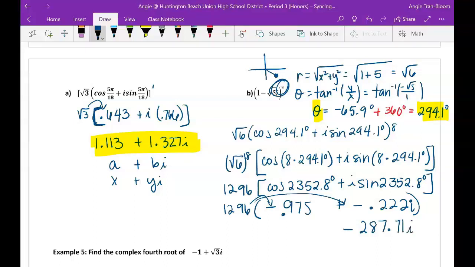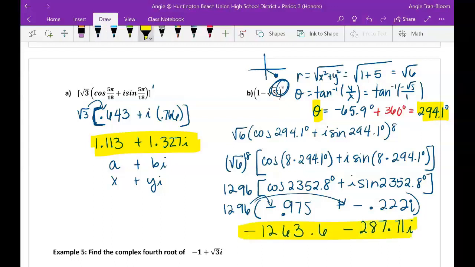In the front, negative 0.975 times 1296 is negative 1263.6. This one just gave me 1 decimal place, so perfect. This is now my final answer in the format of a plus bi. And this is the end of our recording for today.